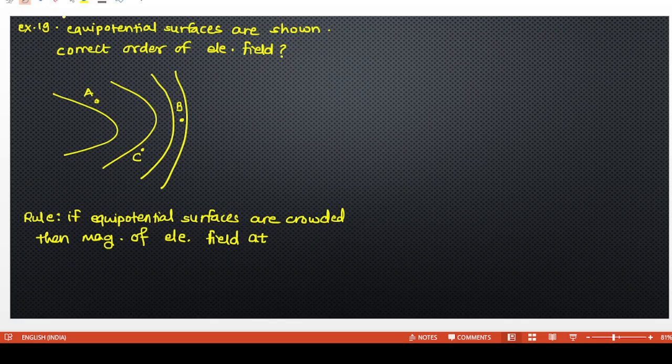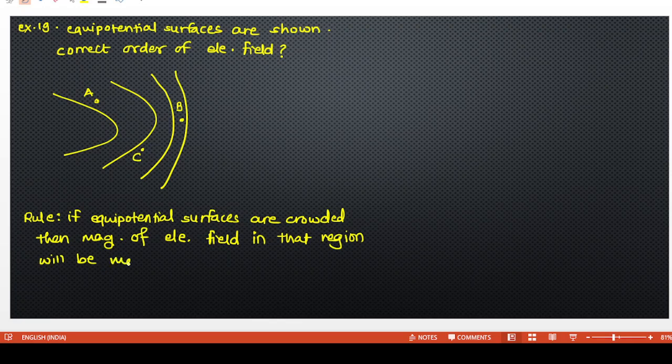Magnitude of electric field in that region would be more.